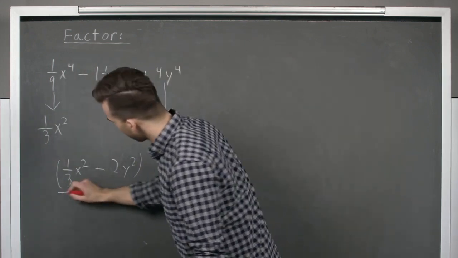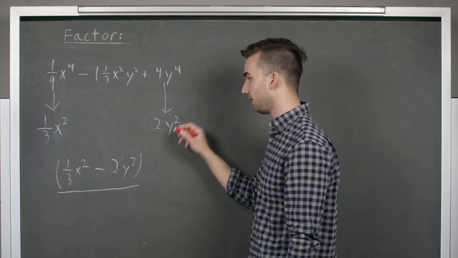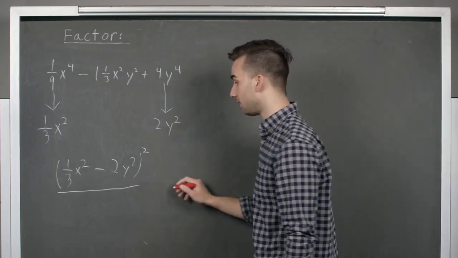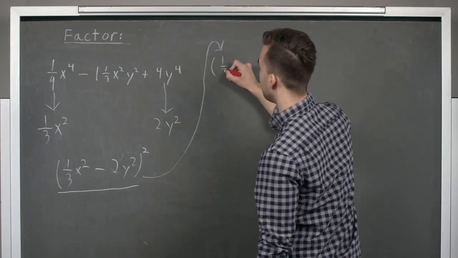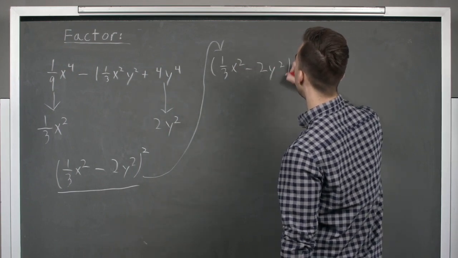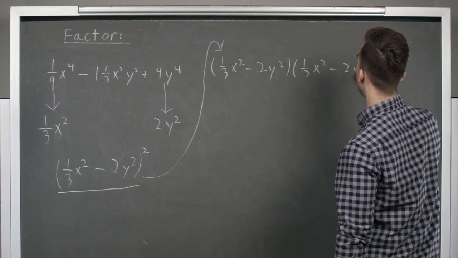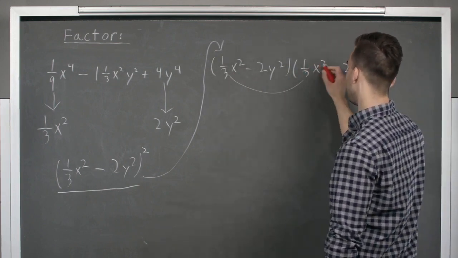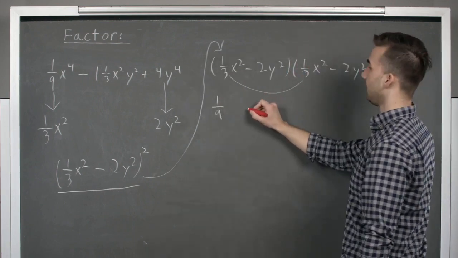That's our solution. This one, I'll go ahead and multiply it out just to prove to you that it is actually factored. Oops, I almost forgot to square. Don't forget to square. But let's multiply it out just to see. We have 1 over 3 x squared minus 2y squared times 1 over 3 x squared minus 2y squared. 1 over 3 x squared times 1 over 3 x squared gives us 1 over 9 x to the power of 4.